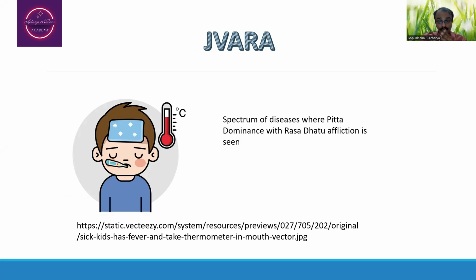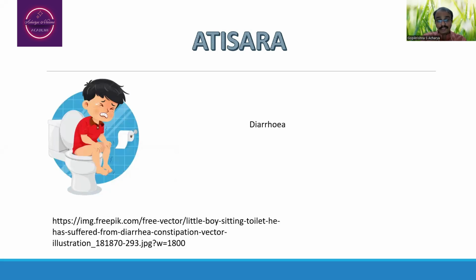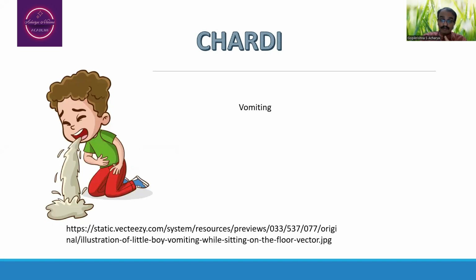From there, the pathogens released in the alimentary canal move and enter the Rasa dhatu level via the intravascular compartment. So that is Jvara. Atisara, wherein the person will be having excessive passage of liquid stools happening via the lower part of the alimentary canal, through the anus itself.